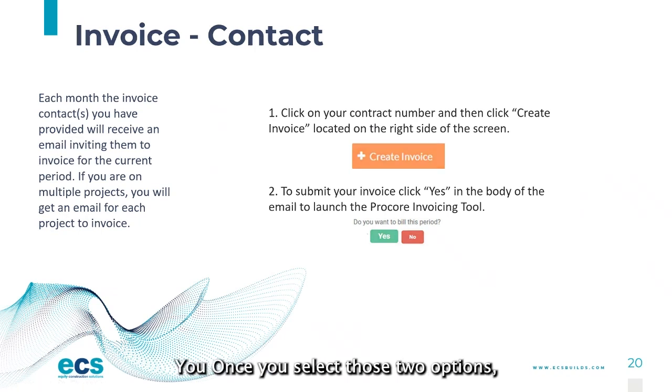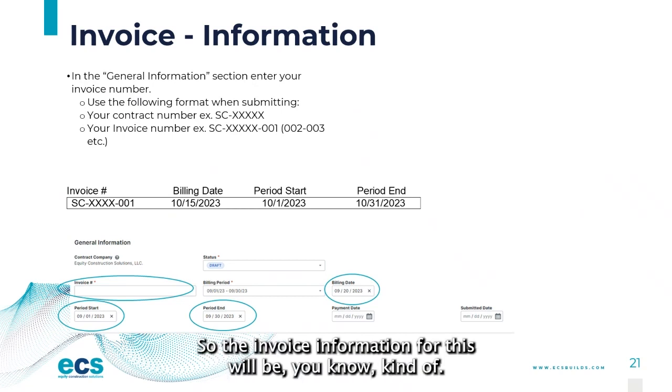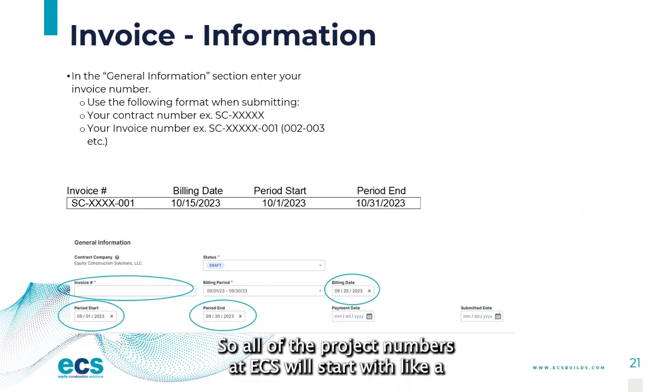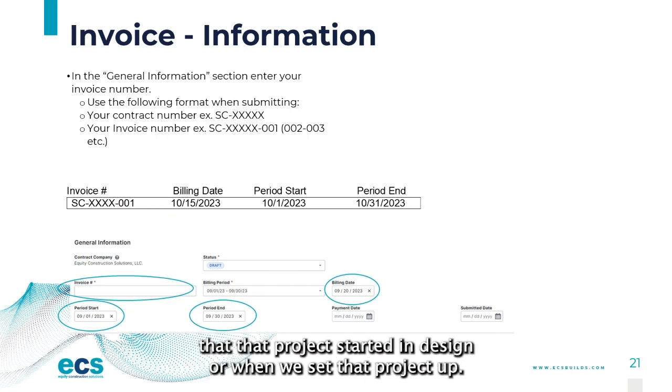Once you select those two options, it will now ask for some invoice information. Again, this is information if you have a contract with us. The invoice number will be SC and then your project number. All project numbers at ECS start with a 2 followed by a 3, a 4, or a 1, and those two digits are the year that the project started in design or when we set that project up.